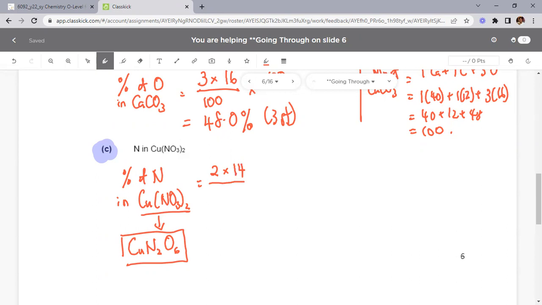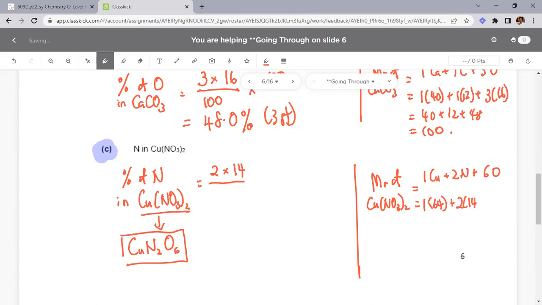Next, I need to find the MR of this fella. So let's go and find the MR of Cu(NO3)2. This is equivalent to 1 Cu plus 2N plus 6 oxygen. So this is 1 times 64 plus 2 times 14 plus 6 times 16.